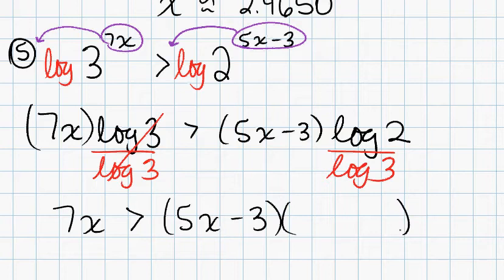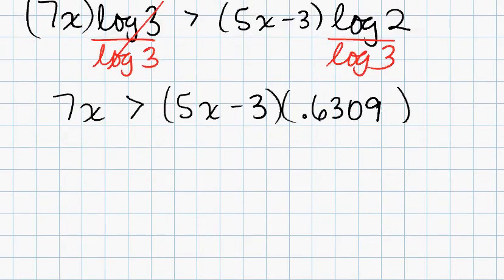At this point, we will change this to a decimal. So log 2 divided by log 3 is 0.6309. And now it's just decimals. So this is something you know how to solve. Distribute, get x by itself. Pause and go.